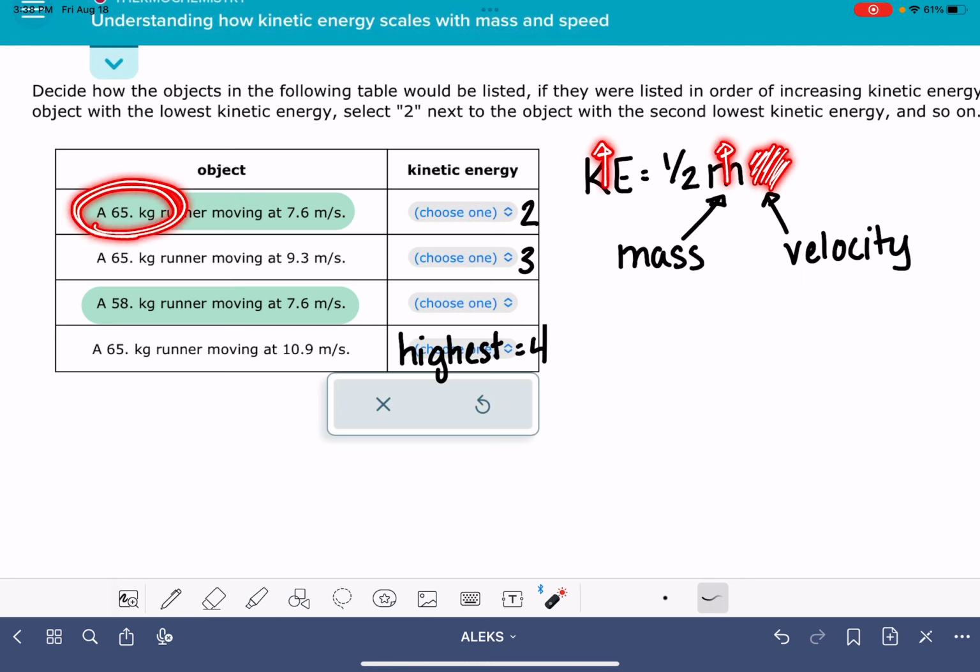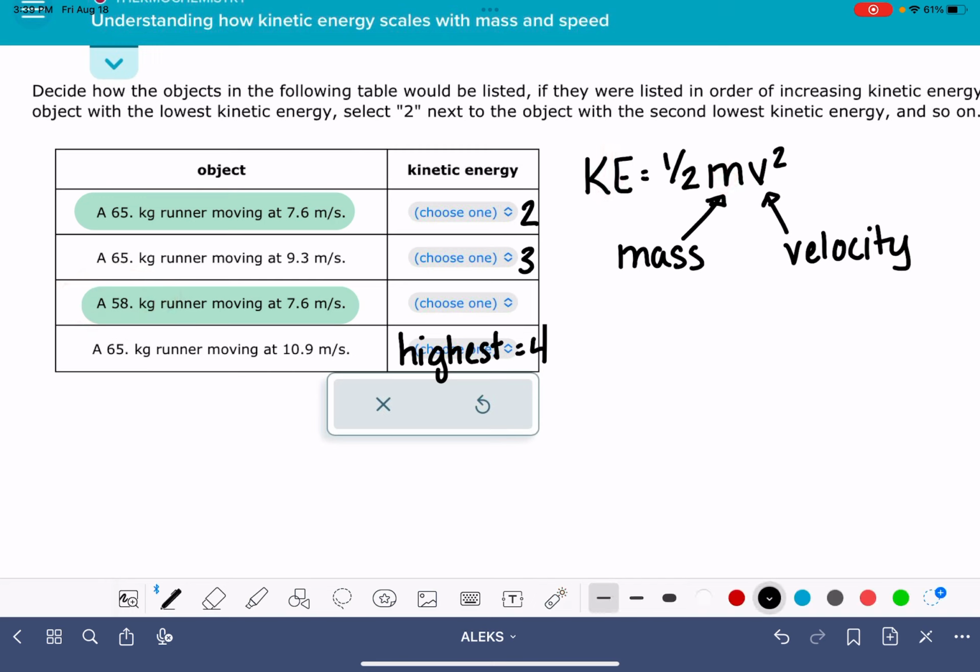The object with the heavier mass has the higher kinetic energy. As mass goes down, kinetic energy goes down. The object with the lighter mass has the lower kinetic energy. So that means that this object's kinetic energy is lower than the 65 kilogram object, and that's going to be our overall lowest.